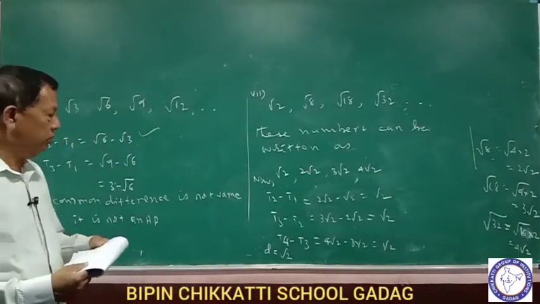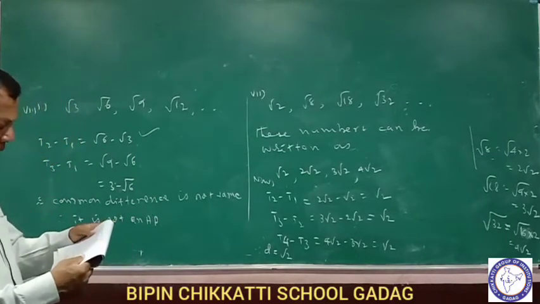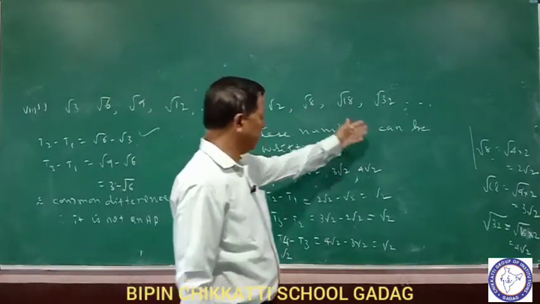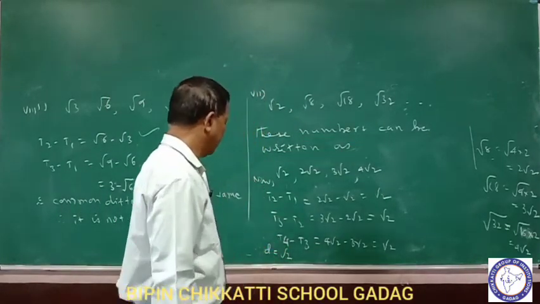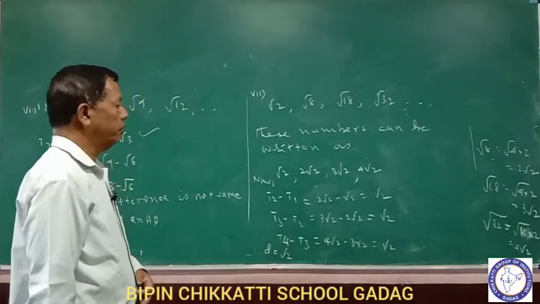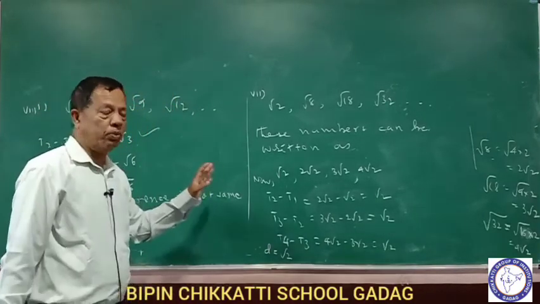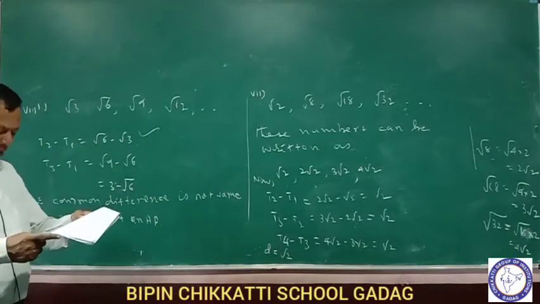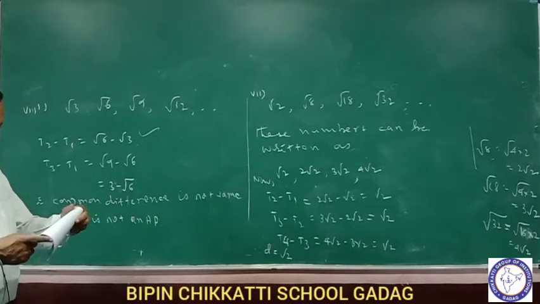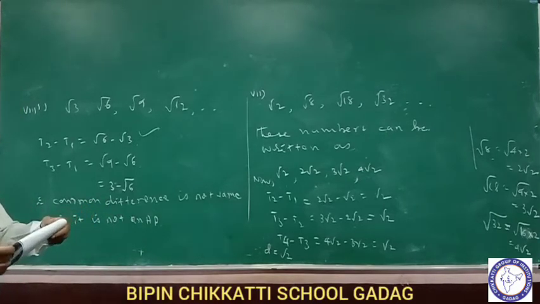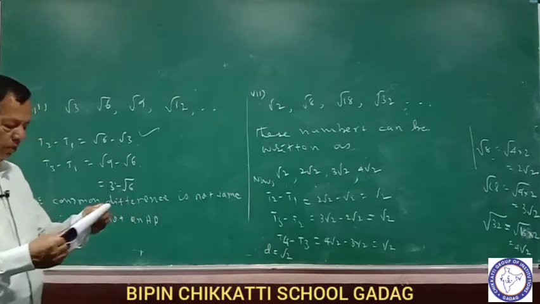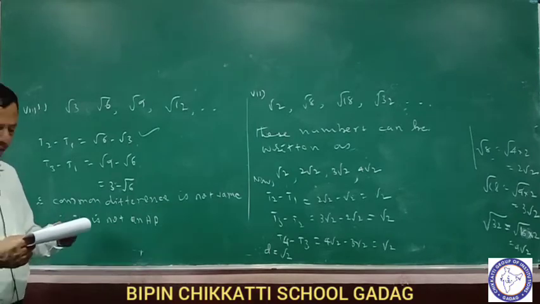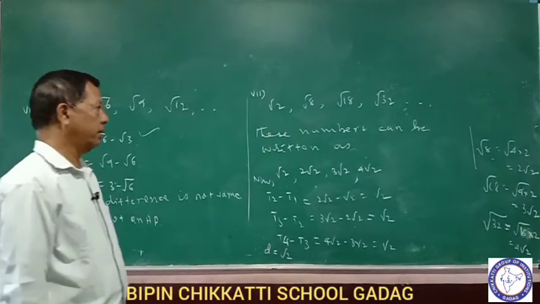So after finding this D, you can easily find out the next numbers taking the result. So I hope you understood all the problems in this arithmetic progression, how this can be done, and accordingly you can go for it. The problems are simple that you can do it, and you see how you write it, and accordingly you can write.